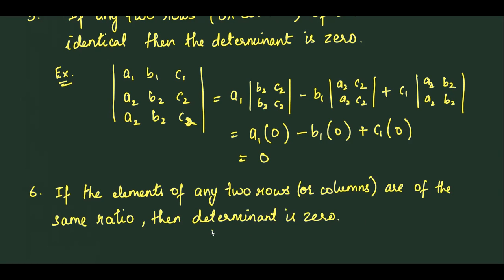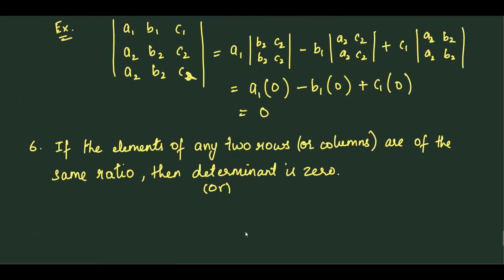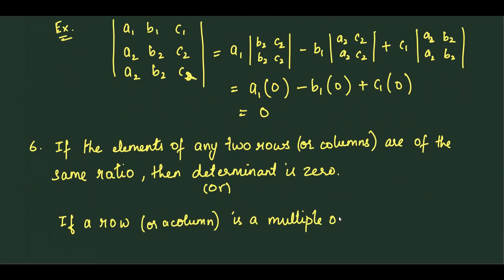In other words, the same statement is, if a row or a column is a multiple of another row or another column, then the determinant is 0.